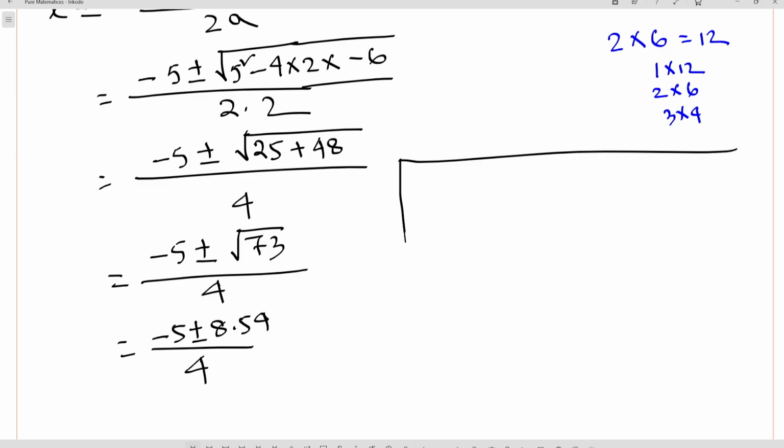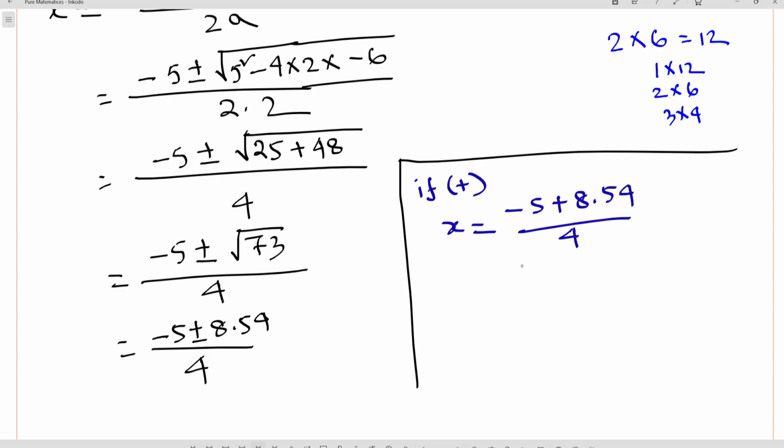Now we can do it like this: if positive, x equals minus 5 plus 8.54 divided by 4.